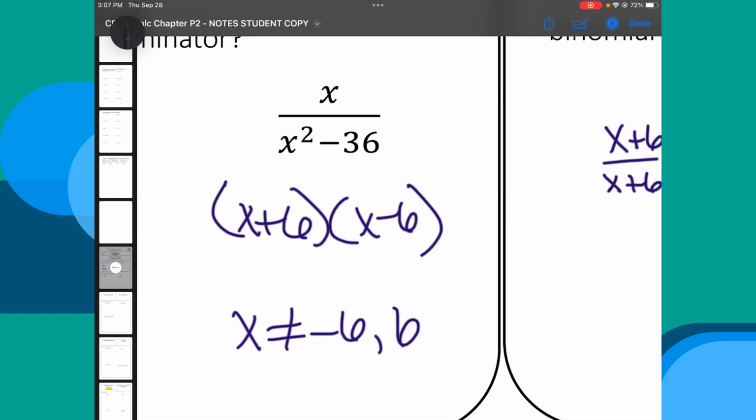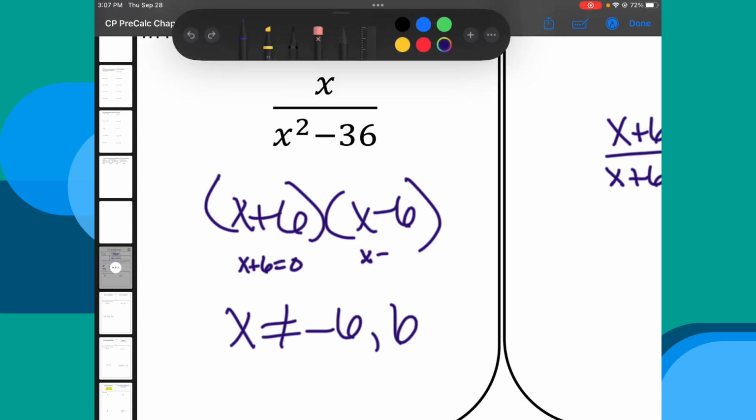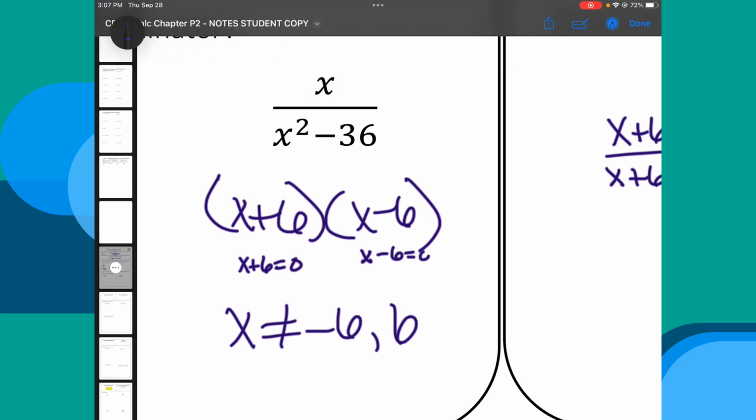If you have a polynomial in the denominator that is able to be factored, we have to factor first, then take each factor, set it equal to 0, and solve. So here I would get x cannot be -6 and 6. If I plug in 6 squared, I get 36 minus 36, so that would give me 0, and -6 squared is also 36, giving me that 0 in the denominator.